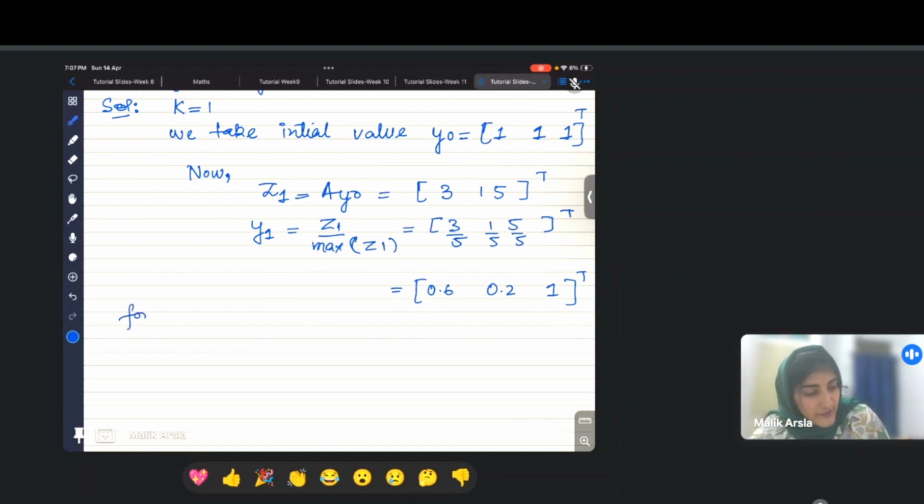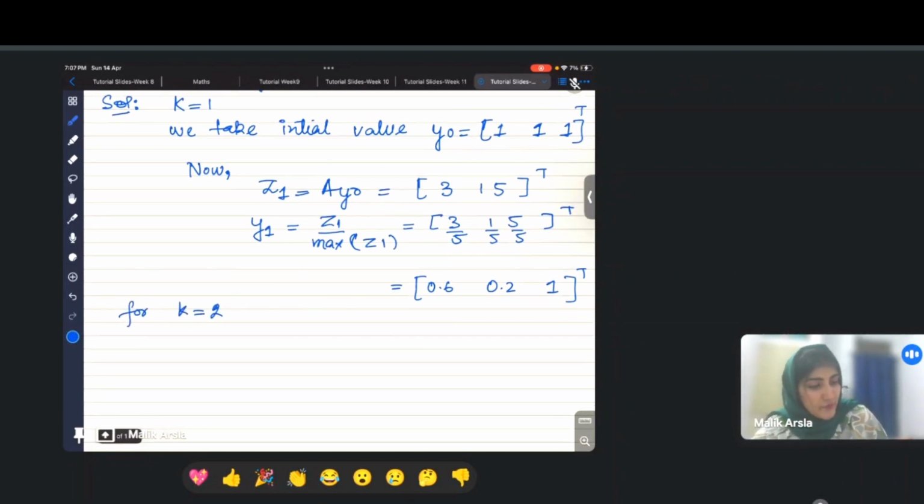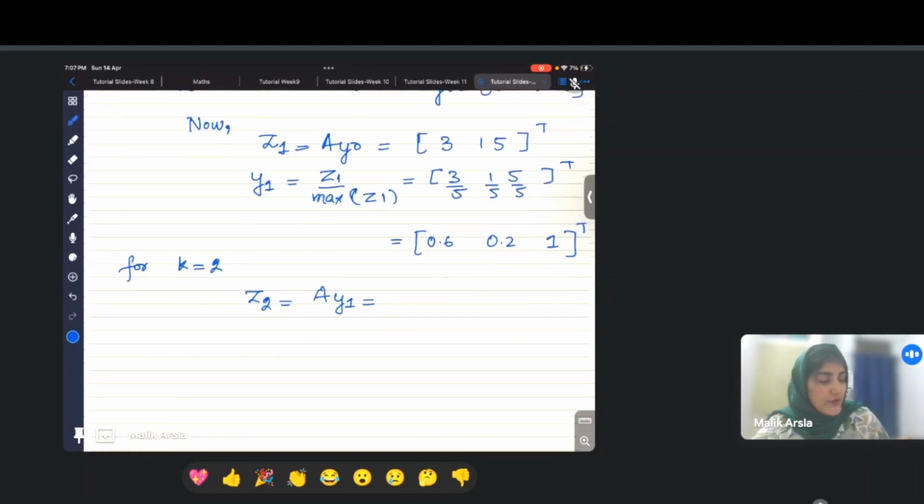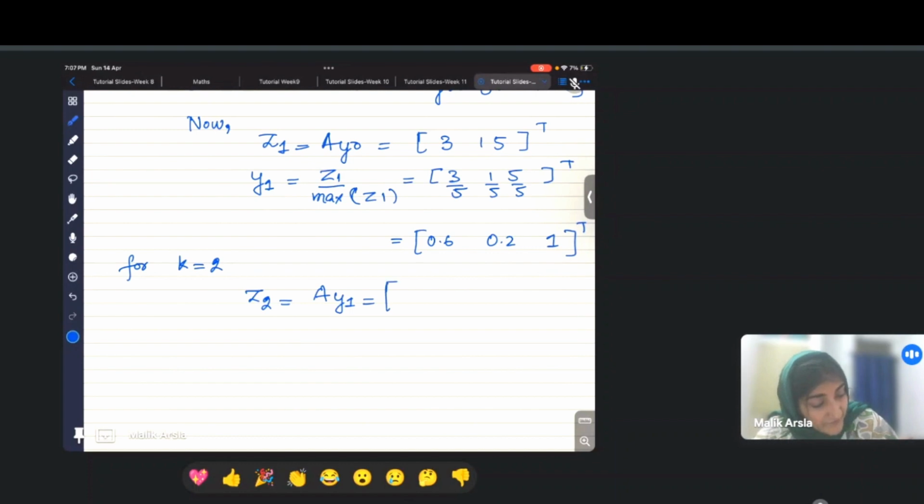So we move on to the second iteration. For k equal to 2, now we have this y1, and we calculate z2. Z2 will again be equal to A into y1, right? Now when you multiply the A matrix with y1, what do you get? Tell me fast. If you have done it, or if you have not done it, do it right now and tell me the value of z2.